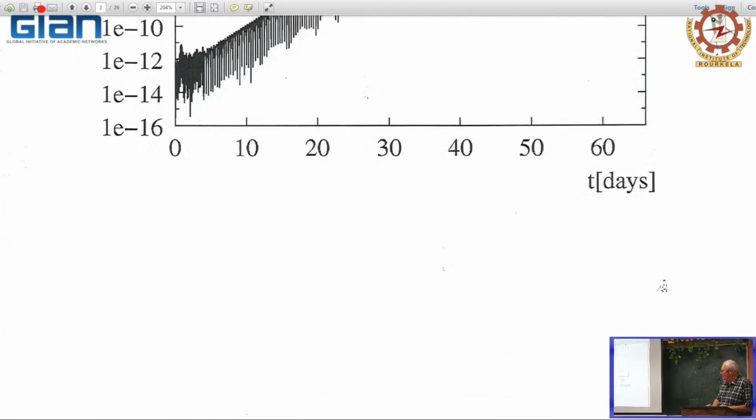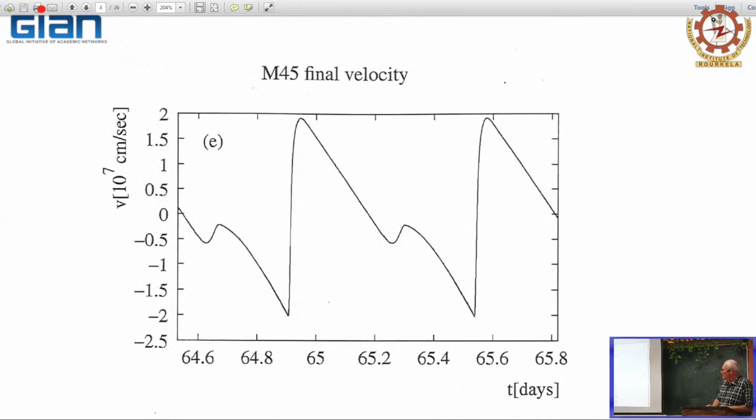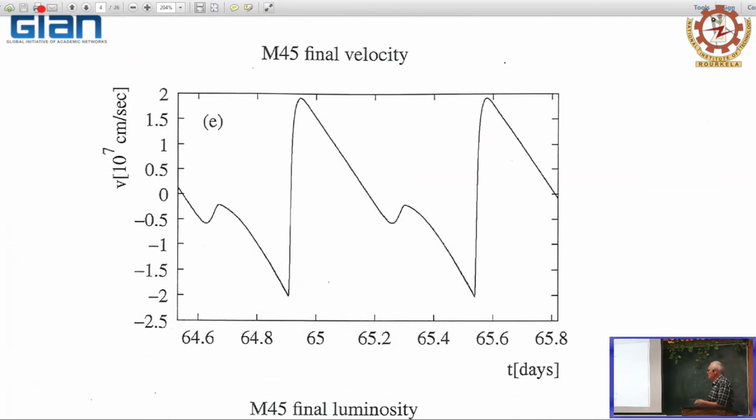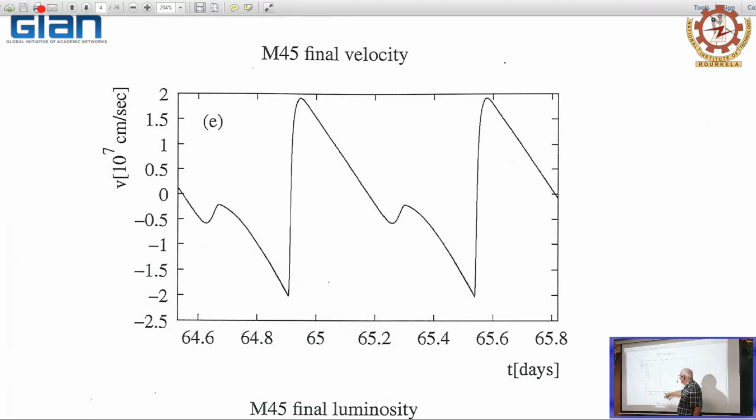So let's have a look at how it looks. This is the final velocity profile of the star. Now we take just one period of the final finite amplitude pulsation, and you observe there are indications for shock waves. We do not have a nice trigonometric profile, but we have a sawtooth profile here for the final velocity of the order of 100 kilometers per second.